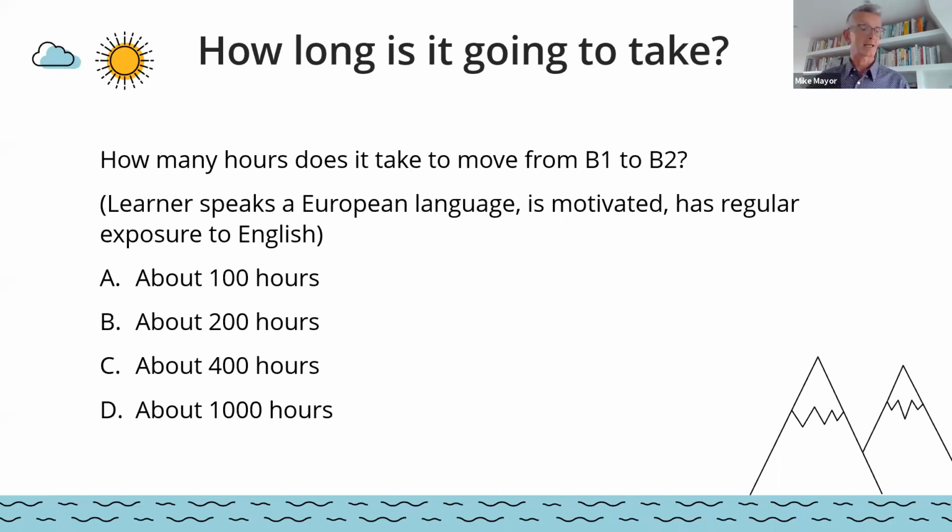So I'm seeing a couple of hundred, I'm seeing 100, I'm seeing about 400. I think most people are saying about 100 or 200. Well, nobody said 1,000, so I guess that's good.